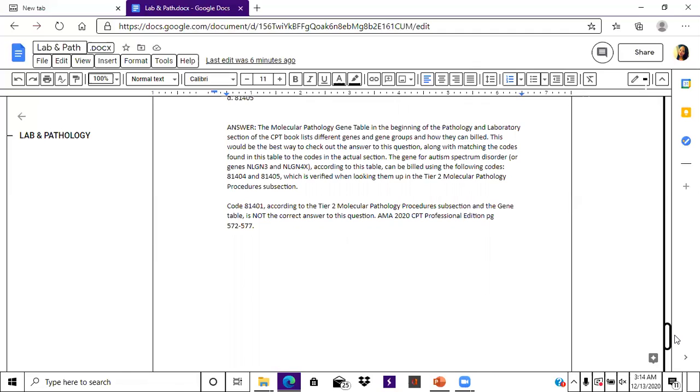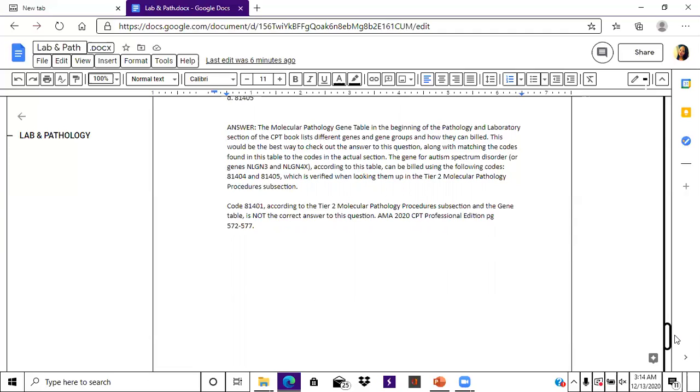The gene for autism spectrum disorder, or the genes NLGN3 or NLGN4X, according to the table, can be built using the following codes: 81404 and 81405, which is verified when looking them up in the Tier 2 molecular pathology procedure subsection.